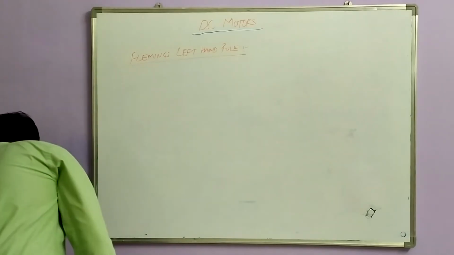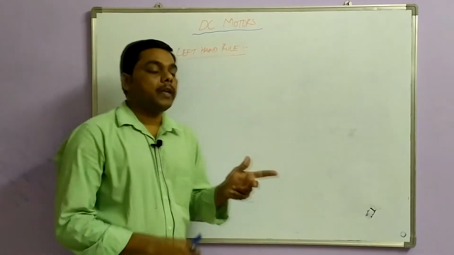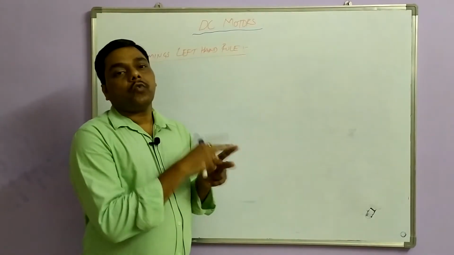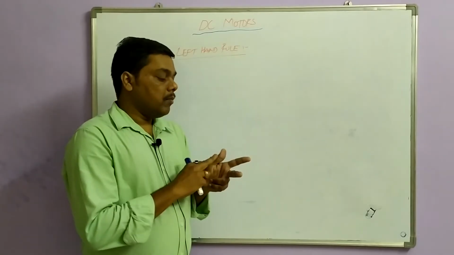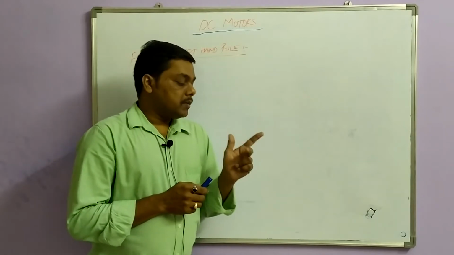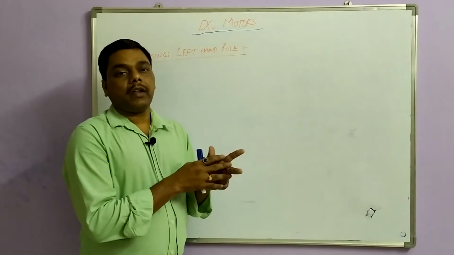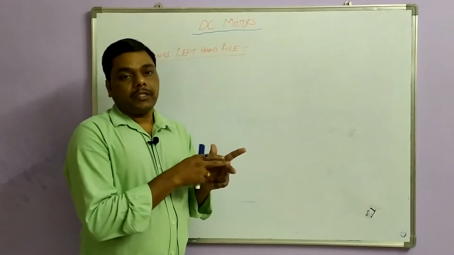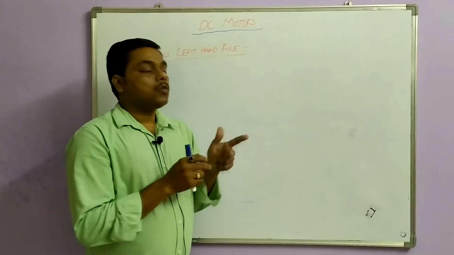In Fleming's left hand rule also we use three fingers, that is thumb, forefinger and middle finger, stretching the three fingers perpendicular to each other.